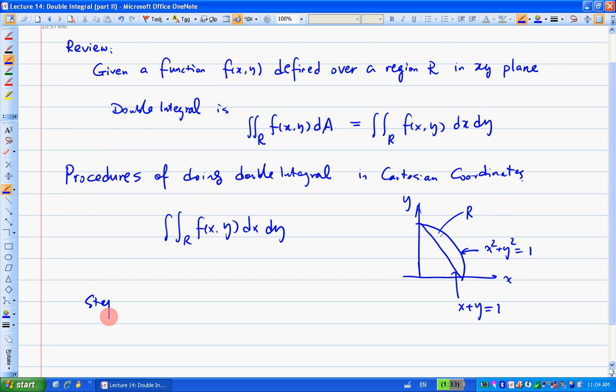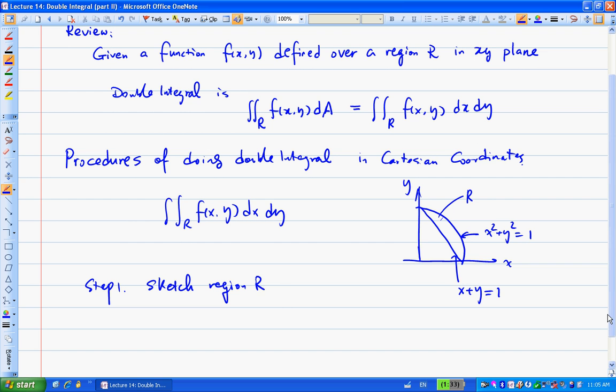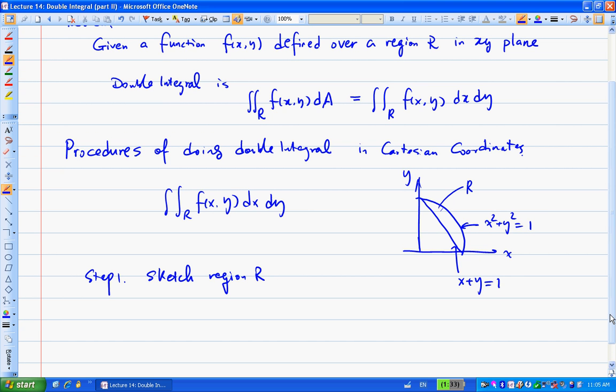Step number 1 is what I just did here: sketch this region R. If you don't feel like sketching, that's fine, if you're confident and becoming an expert, but usually when you have this region R, you have a pretty good idea of finding the min and max, which is what we're going to try to show you here.